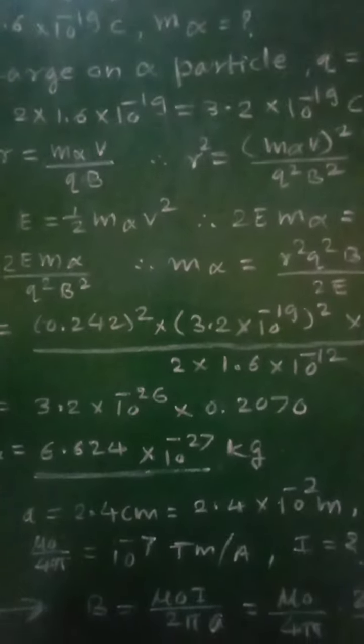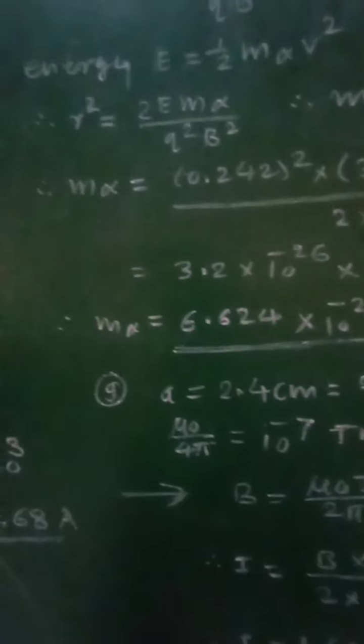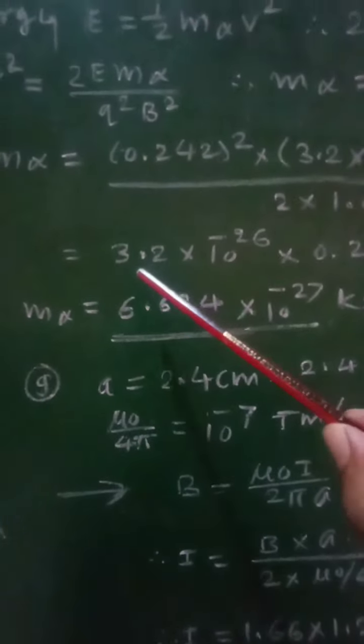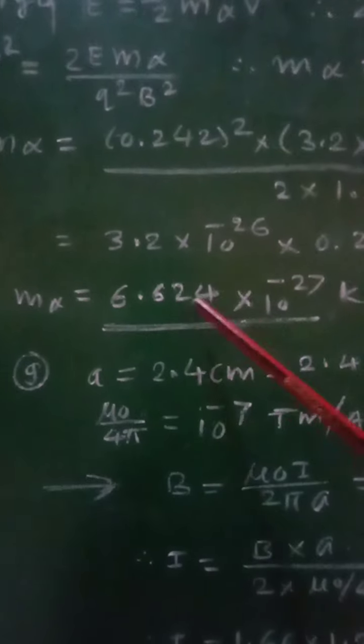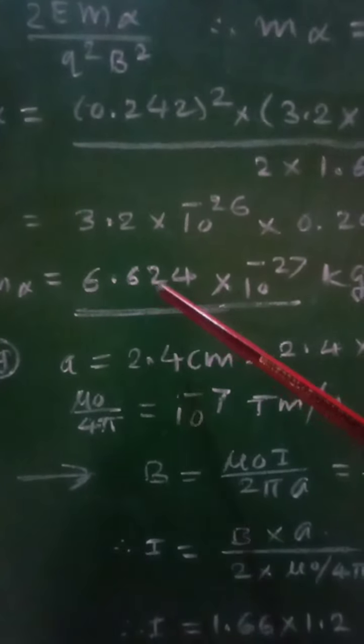And therefore from this formula m alpha comes out to be 3.2 into 10 raised to minus 26 into 0.2070, and then solving this we will get m alpha equal to 6.624 into 10 raised to minus 27 kilogram, that will be the mass of this alpha particle. So this will be the required result.